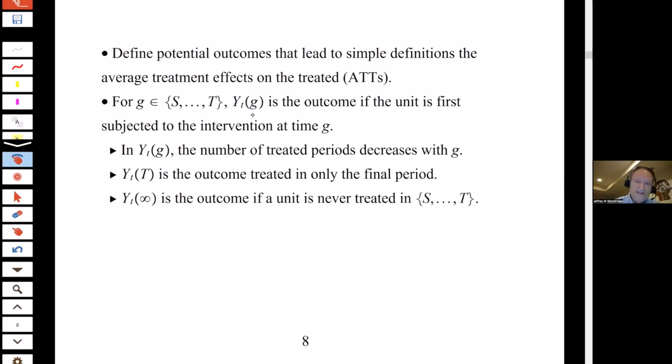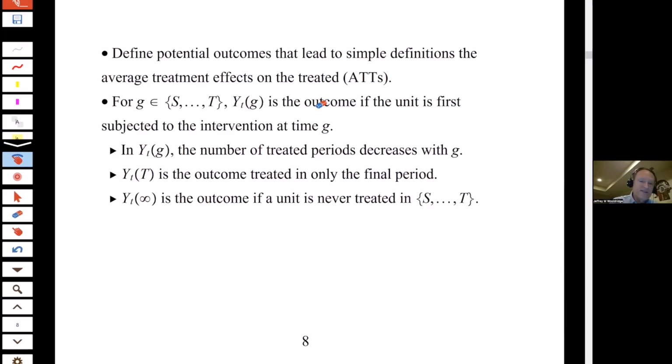If you think about it, the cohort is closely related to an intensity variable because it's essentially the inverse of how long you've been in the treatment. So the earlier G is, the smaller G is, then as we go through time, that means the unit has been subjected to the intervention for a longer and longer time period.